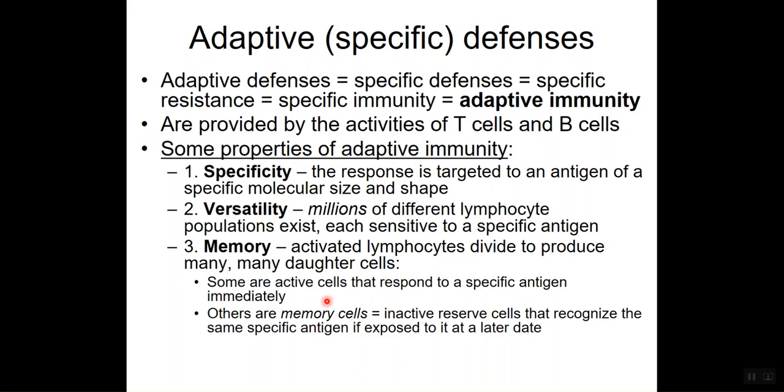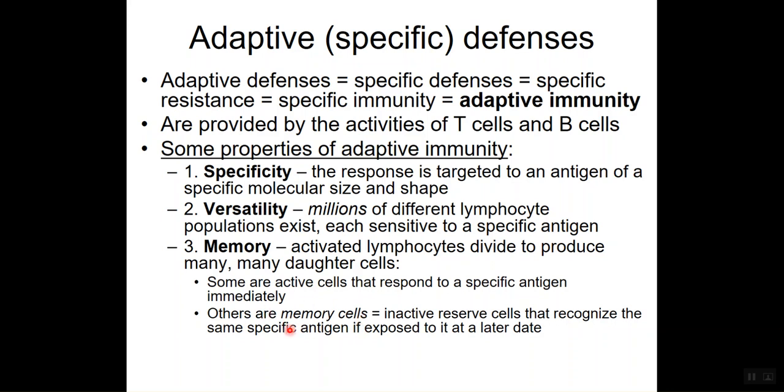Those are the memory cells. They stay inactive and they can hang around for months, years, sometimes even decades. And if you ever encounter that exact same specific antigen again later on, those memory cells can very quickly activate, and you can often wipe out that second infection before you even realize you got exposed. I mean, it's that efficient and effective.